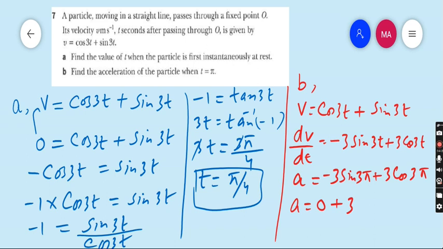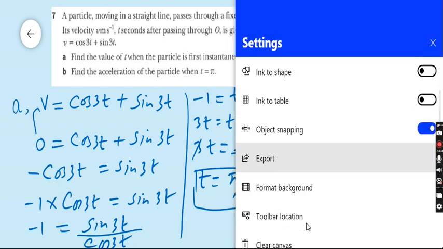If you find the value of cos 3 pi from your calculator, you will get minus 1. So a = 3 ones are minus 3 ms^-2. This is the SI unit, meters per second squared. So this is question number 7. Very easy and very important from the examination point of view. Move to question number 8.